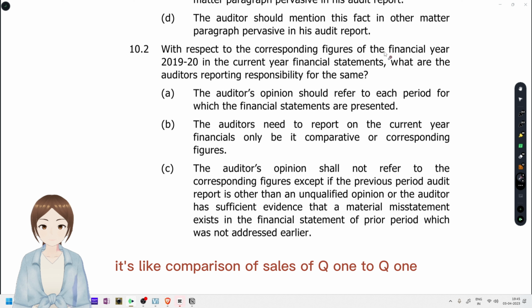Corresponding is like comparison of sales of Q1 to Q1 of some other period like the previous year, like comparison of sales from summer to summer only, not to the sales of winter. Comparative information is comparison of a particular period across different years, like 2020 sales to 2021 sales.